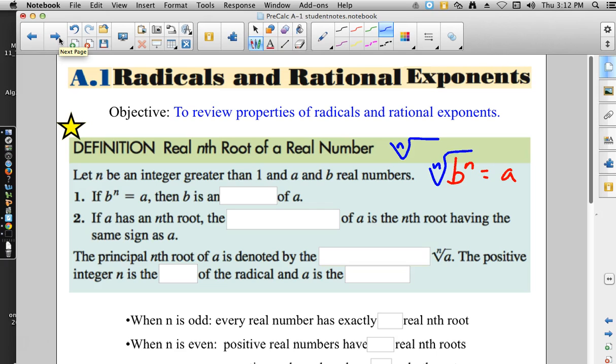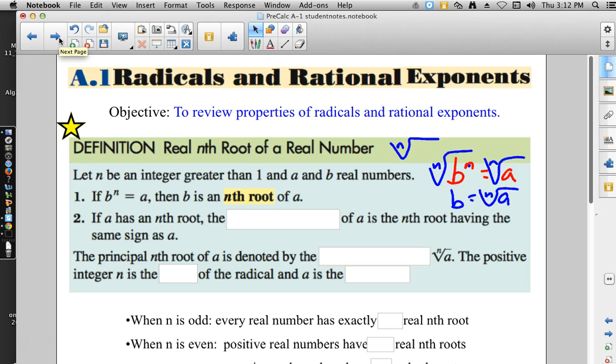But we know in algebra, whatever you do to one side, you have to do to the other. So if this is true, then b has to be an nth root of a. And doing this process, we would see the nth root of something to the nth power just gives you b right back. So it's simply solving, but using variables instead of numbers.